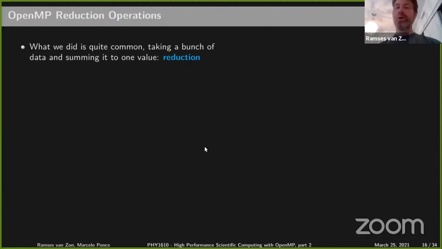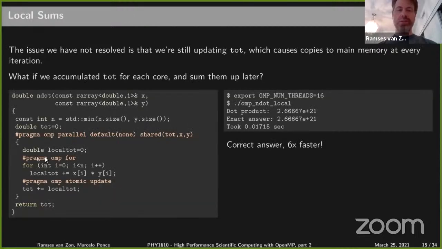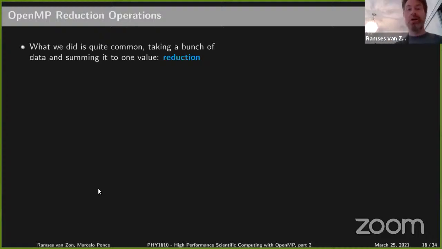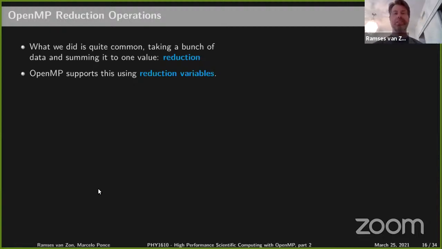Okay, so what we just did, this thing with local sums and stuff, is a little bit complicated, and it does not look like the serial code at all anymore. OpenMP actually has a way to do this with one construct. Whenever you have a bunch of values and you have to add them up to one value, so you're reducing a bunch of values to one, that is what's called a reduction. So that's why this is an example of it. And what OpenMP has is a third type of variable.